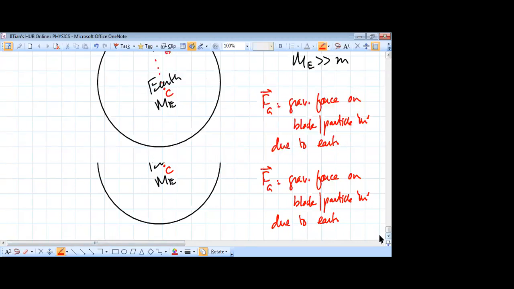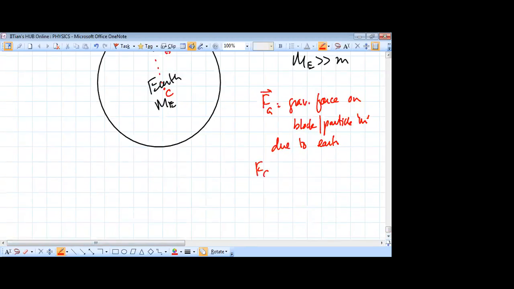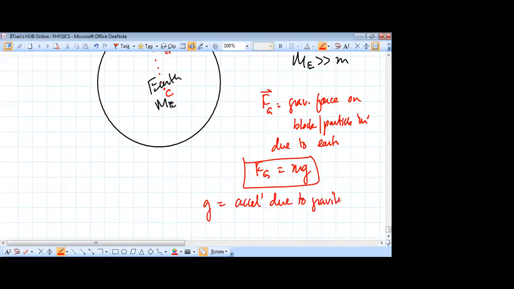And of course, its magnitude will be equal to mass of the particle into g, where g is equal to acceleration due to gravity on the Earth's surface, which is approximately 10 meters per second square, or more appropriately about 9.8 meters per second square.